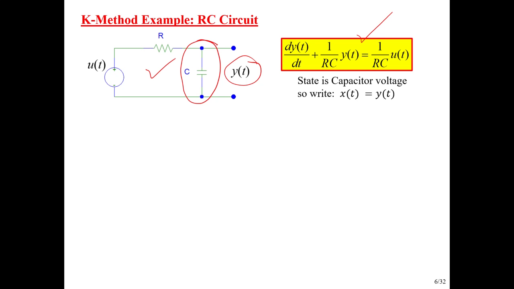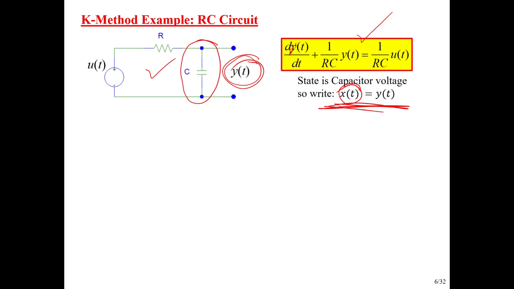And remember, the state of a circuit, one way to choose the states is to take all the voltages across each capacitor and all the currents through the inductors. So in this case, we can say that our output y of t is just equal to x of t. So there's our output equation.